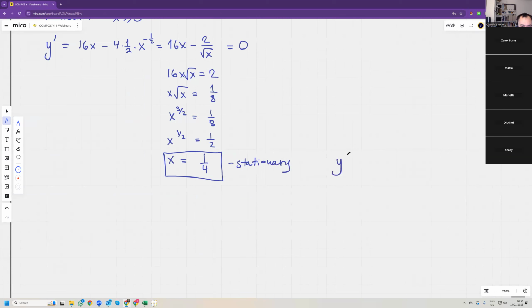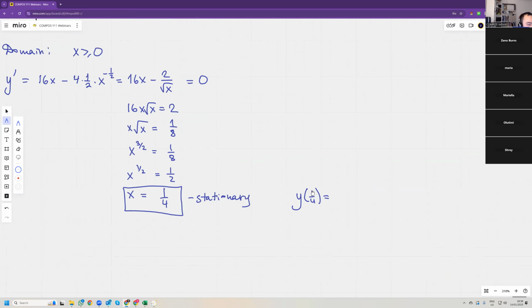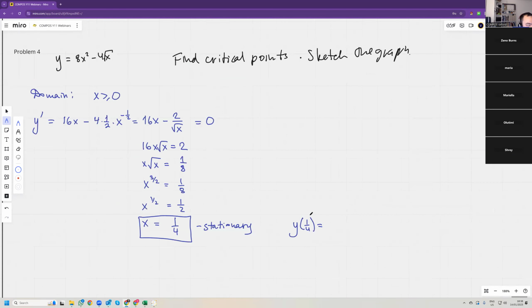So we need to find y of 1/4. So y of 1/4, that's 8 multiplied by 1/16 minus 4 multiplied by square root of 1/4. So that's 1/2 minus 4 over 2.